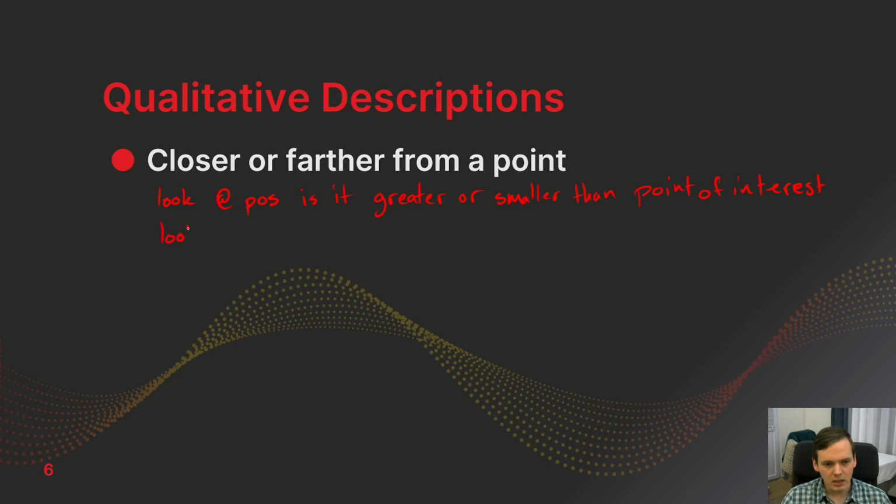Next, look at the sign of velocity. Is it positive or negative? That'll tell you whether you're moving essentially to the right or to the left, because positive will be to the right, negative will be to the left.